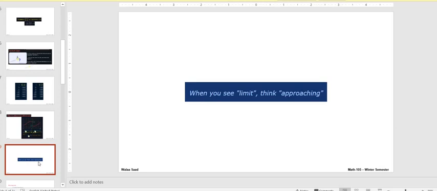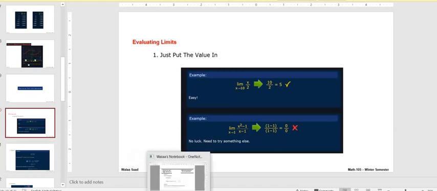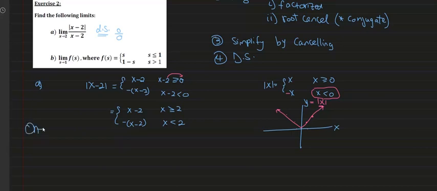So now when you see the limit, think about approaching, and we will summarize this at the end, but let's move here to the absolute value. Here the absolute value is one situation where we need to address the one-sided limit, because it outputs 0 over 0, and only because it outputs 0 over 0.